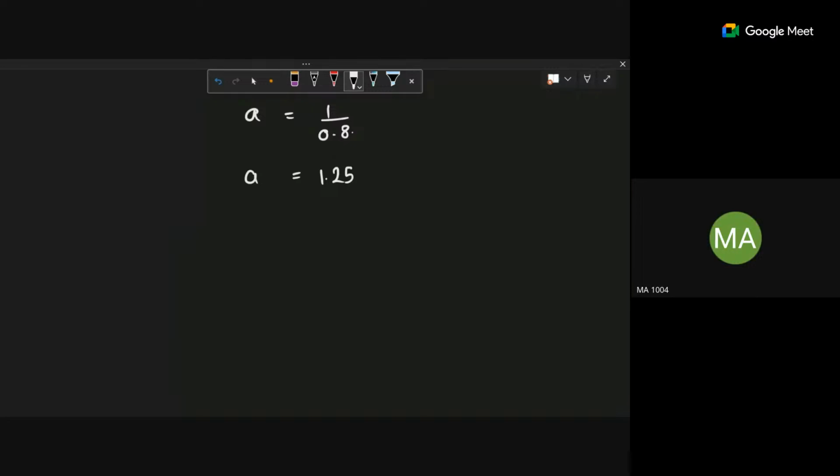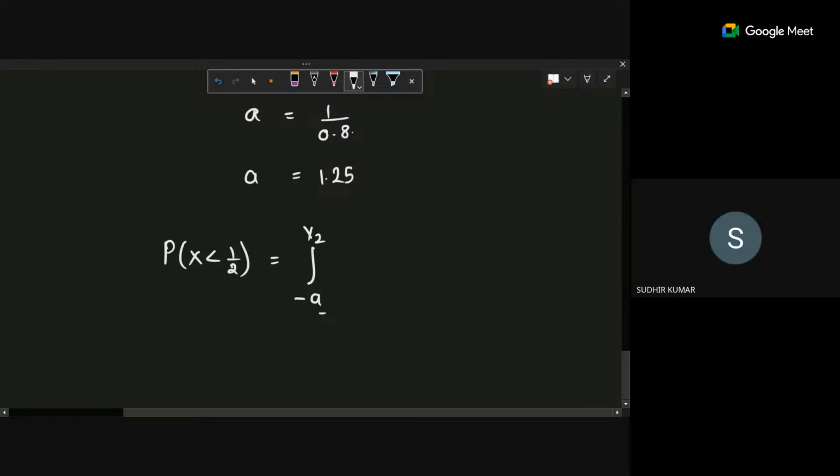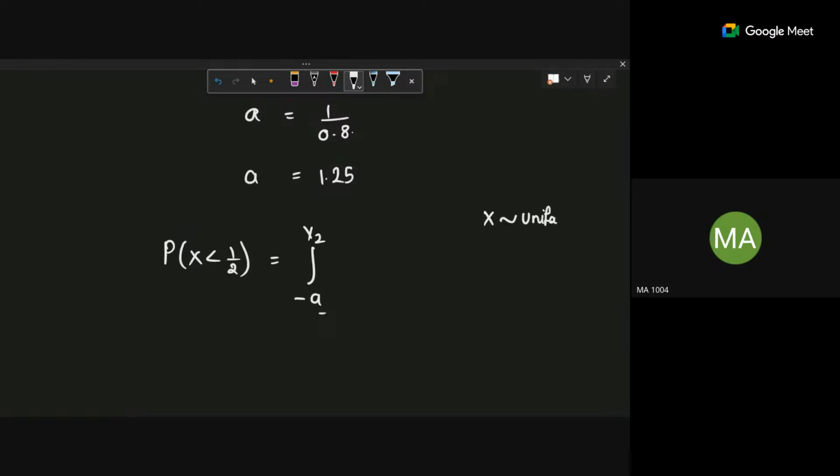Yeah. So the probability that x is less than 1 by 2 is nothing but integrating it from minus a to 1 by 2. Why have I taken the lower limit as minus a? That is the support. X is uniformly distributed from minus a to a.